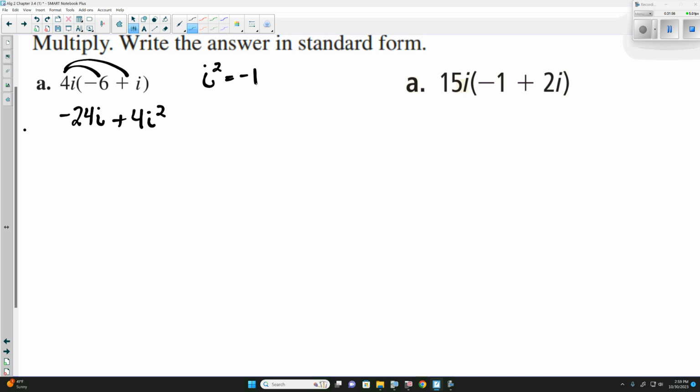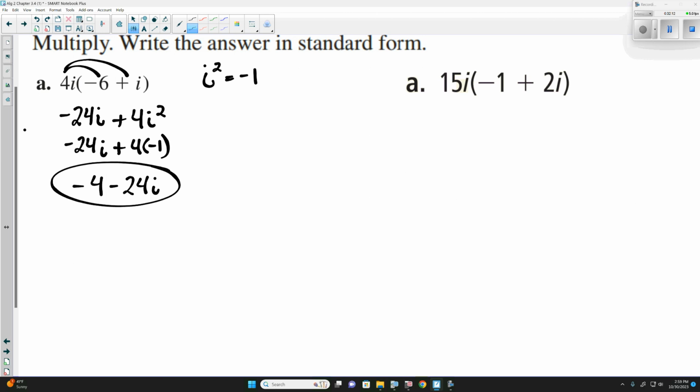Now i squared is negative 1. So what we have here is negative 24i plus 4 times negative 1. Well, 4 times negative 1 would be negative 4. And we still have our minus 24i, because the negative 24i and 4 are not like terms.